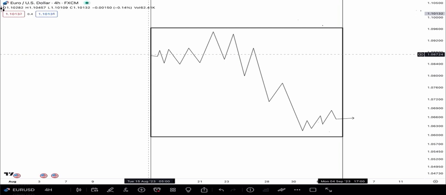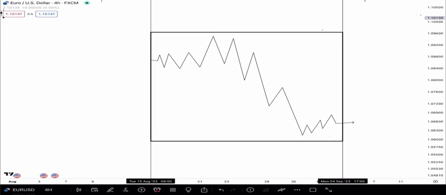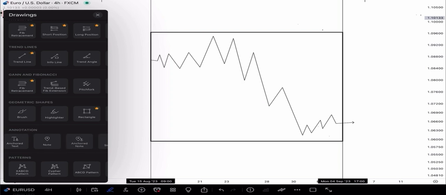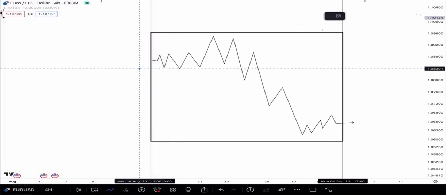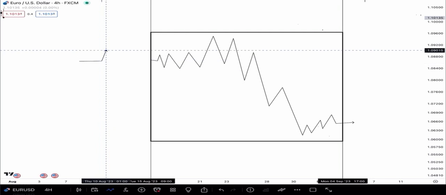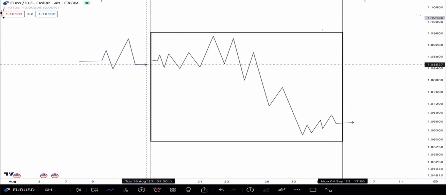Open. Above the opening price of the candle you're trying to predict, daily, weekly, 4 hour, whatever. If you are bearish, you're waiting for a pop above the opening price. And here's the fun part. Into a previous high of the previous candle, which ideally coincides with a higher time frame key level.